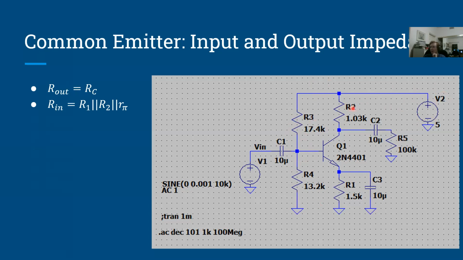Now, the actual gain you get is a little less than minus 40, or the magnitude is a little less than 40, around 37 or so. There are multiple factors contributing to that. One is something called the Early effect, which I did not talk about at all. It's not that important for this project, so you can ignore it as far as we're concerned.